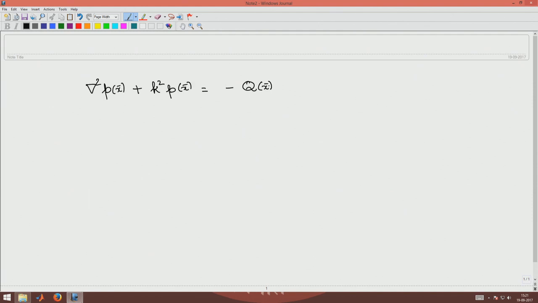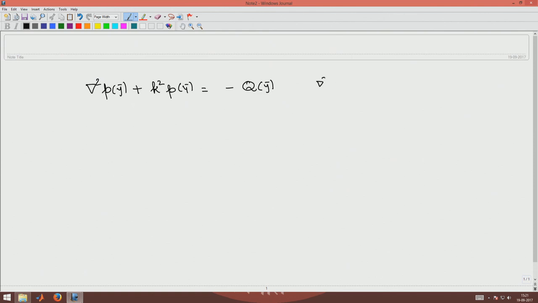But here I am changing my notation, for a specific reason which you will be able to appreciate. Instead of the vector x, I will call this the vector y. I am just interchanging my notation between x and y. So, pressure at any point y is given as a solution of this inhomogeneous equation.